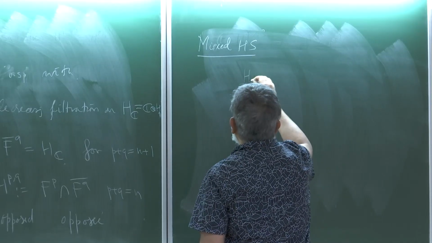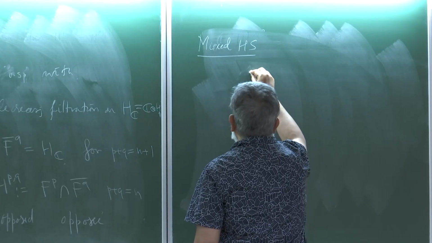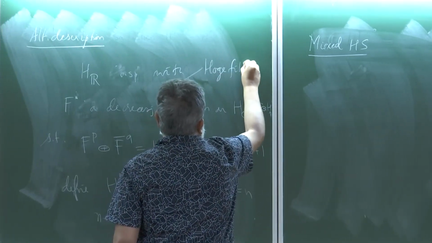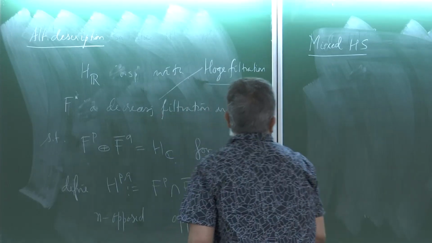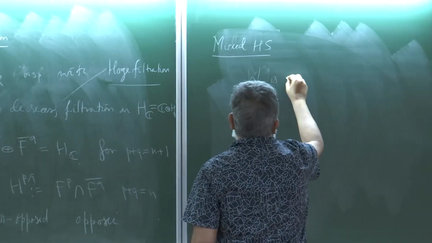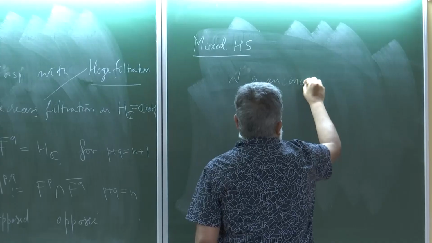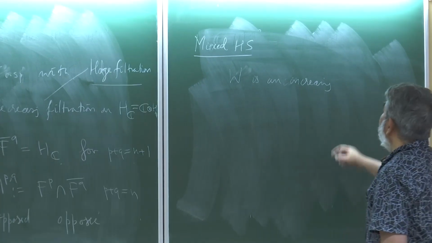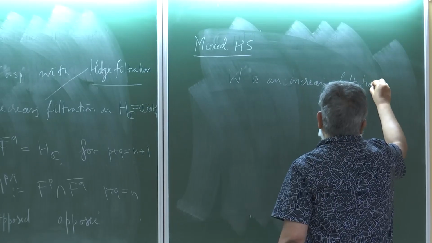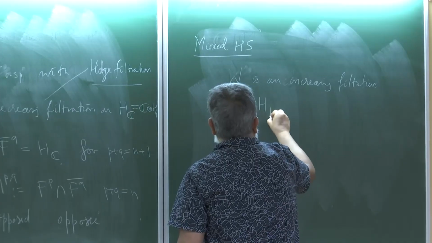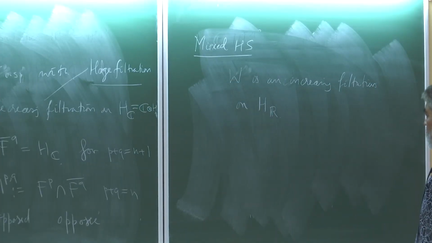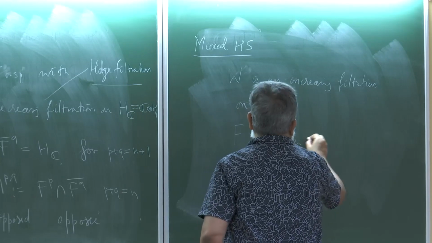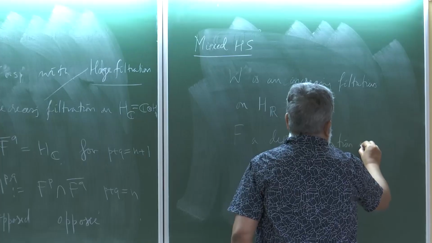So in addition to saying that there is a Hodge filtration, we will demand that there is an increasing filtration W on H_R itself, and F a decreasing filtration on H_C.